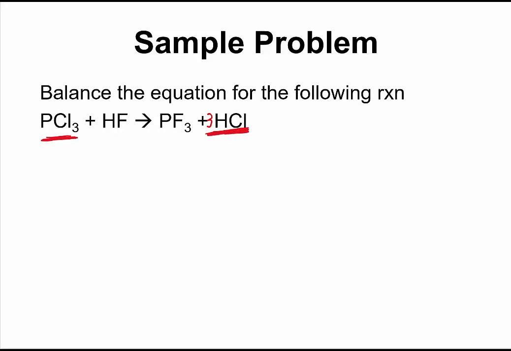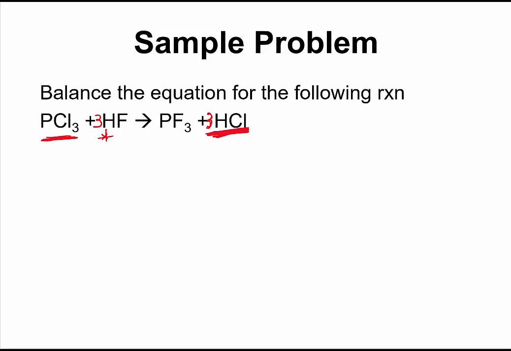But by placing 3 in front of the HCl to balance the chlorine, we now have 3 hydrogen. Well, on the product side, we have 3 hydrogen. We now need to balance the 3 hydrogen on the reactant side. If we place a 3 in front of the HF, now we have 3 hydrogen on the reactant side.